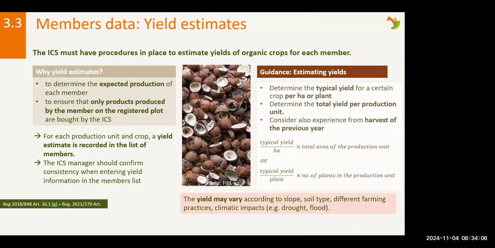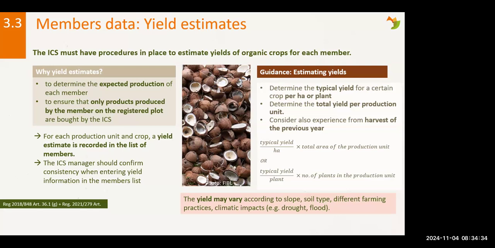Yes, thank you. So should we consider the FAOSTAT values when we are determining the yield estimates, or the yield estimate upper limit for our crops? And then my second question is, somewhere, if I got you well, you said all production units at the farm must be registered, whether they are in conversion, organic, or conventional.